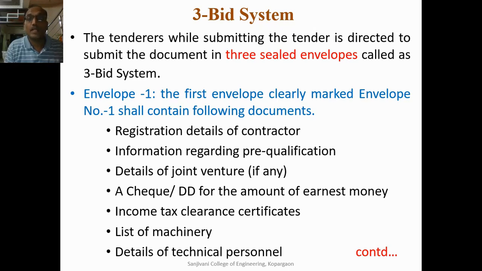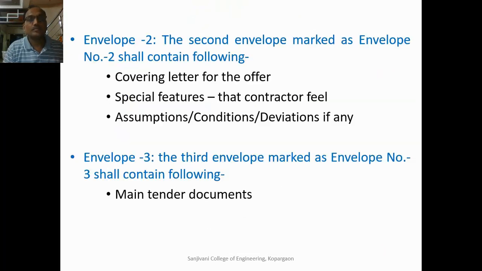The first envelope, clearly marked envelope number 1, shall contain the following documents: registration details of the contractor, information regarding pre-qualification of the contractor, details of joint venture if any carried out by the contractor, a check or DD for the amount of earnest money, income tax clearance certificate as well as solvency certificate, list of machinery with the contractor, as well as details of technical personnel.